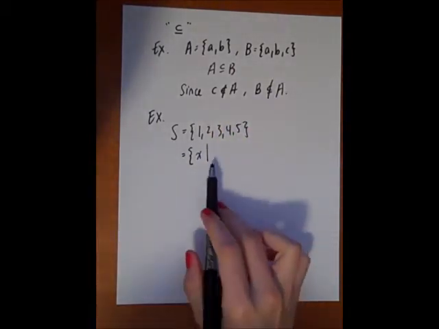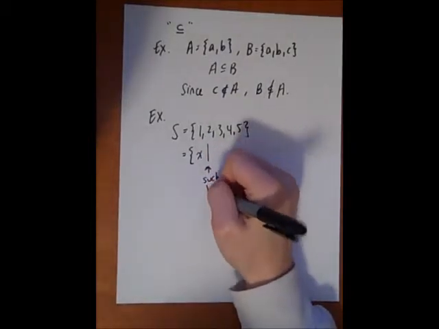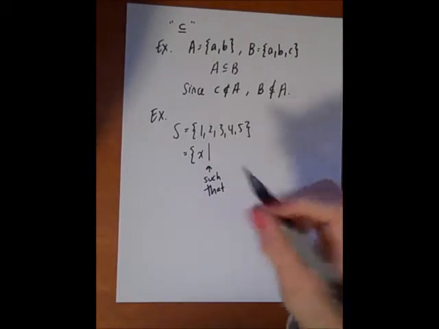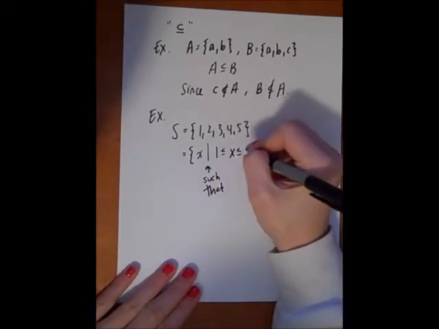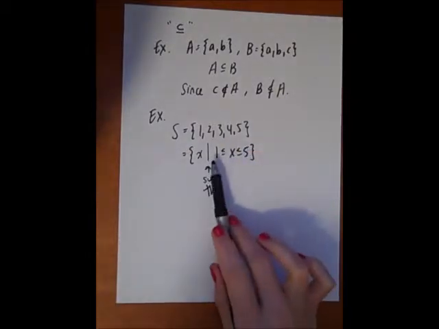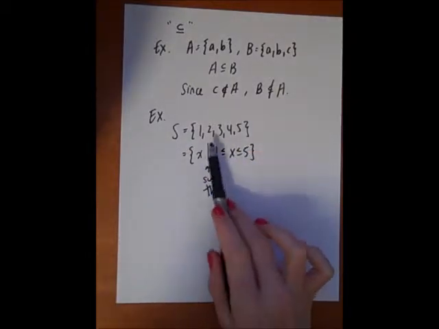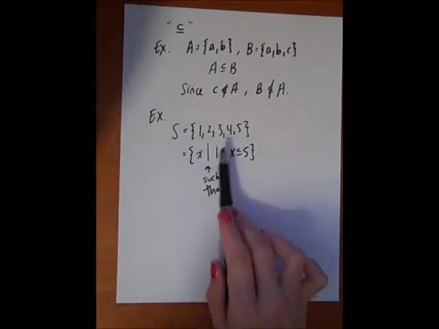Then we draw a line. Now this line means "such that" something is true. Now this something is that x is between 1 and 5. These are the same set. This is just defined a little bit differently. Here I've listed out the elements. Here I've defined what the set looks like. But they're the same thing.